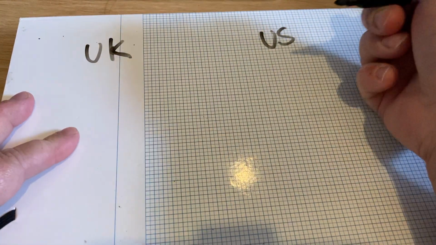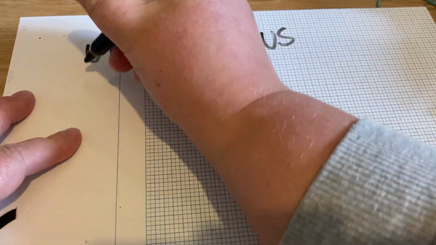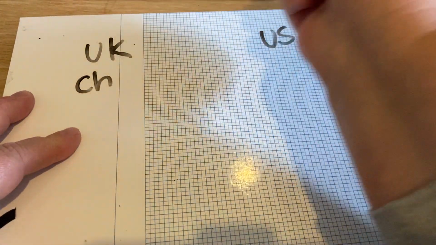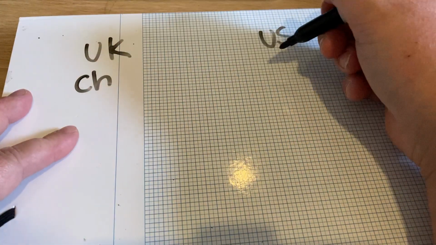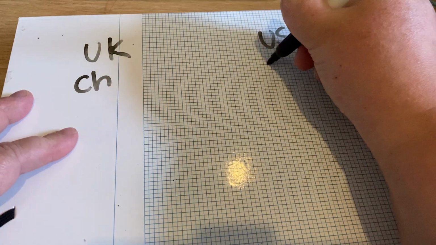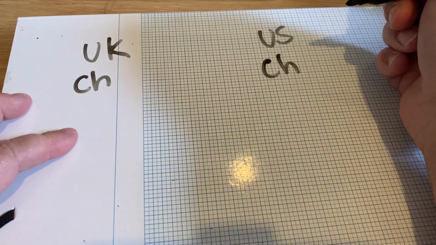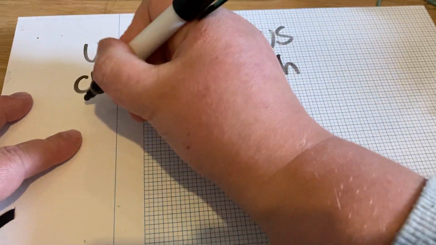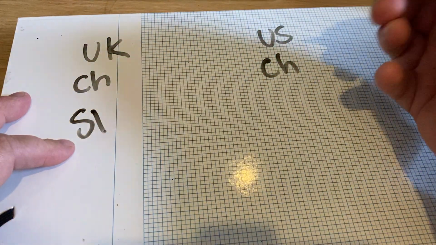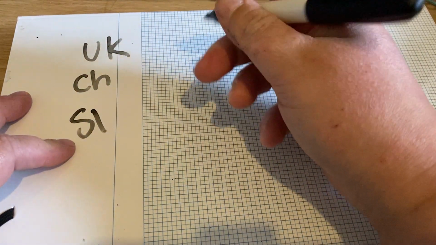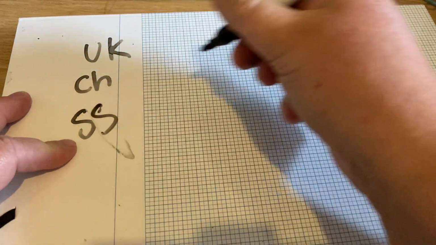So in the UK we have a chain stitch, which I will get to, and in the US it's also a chain stitch, and then we get slip stitches. Again, I'll get to it, don't you worry. They've decided the abbreviation is that, which is fine.